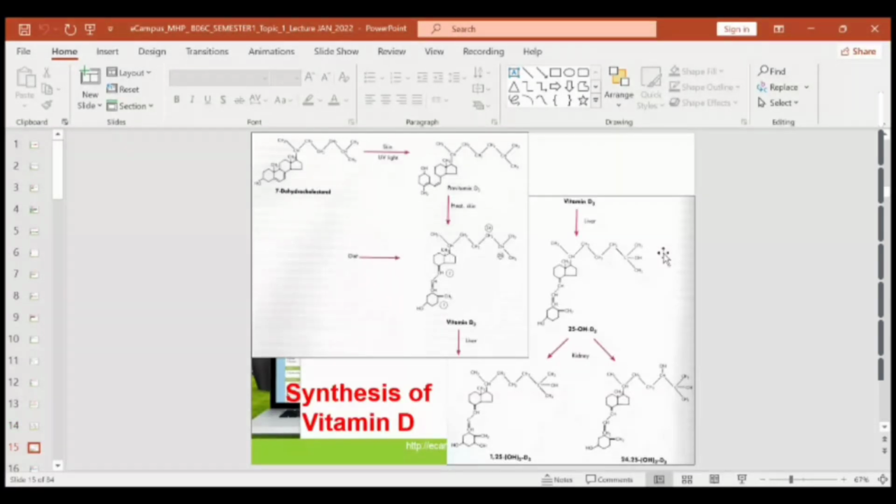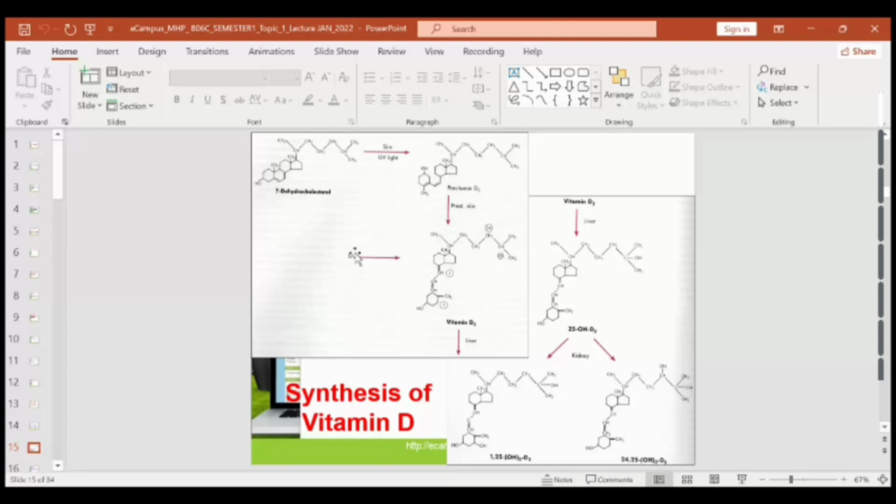So quickly, let's talk about vitamin D. Vitamin D later becomes a hormone. As I say that, we get it through the diet, but also we get it from our skin. At the dermis level, we have cholesterol, in the form of 7-dehydrocholesterol.